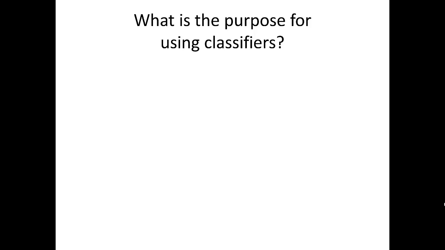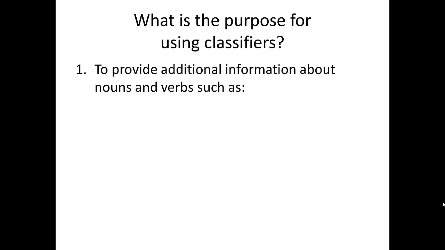So why do we use classifiers? Classifiers are an easy way to provide additional information about nouns or actions. Again, the location, the type of action, the size, or the shape.